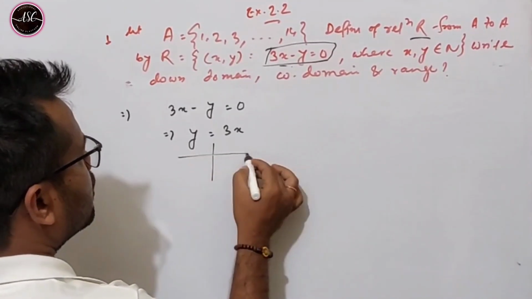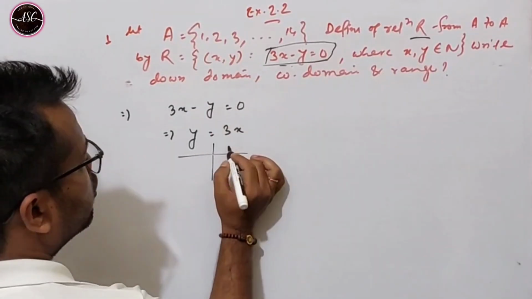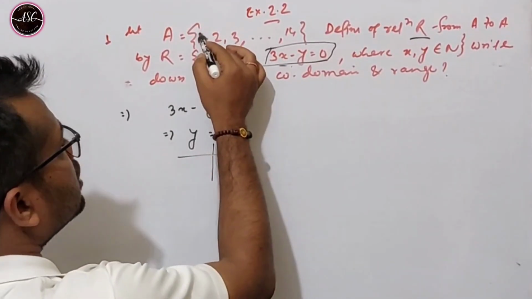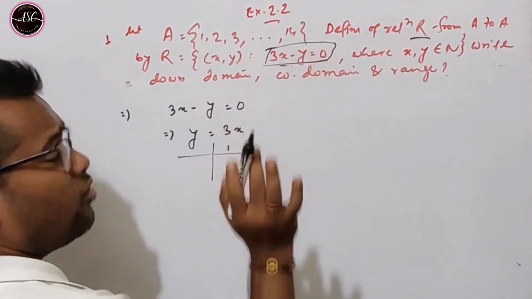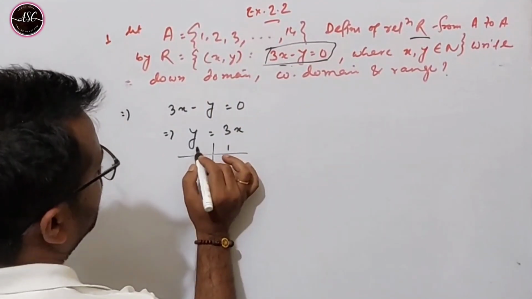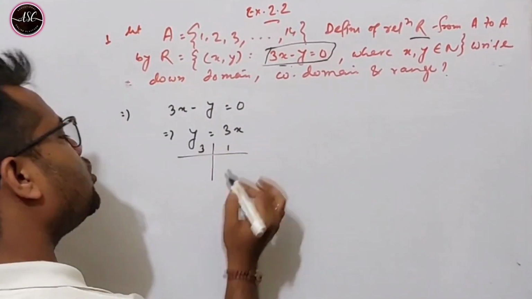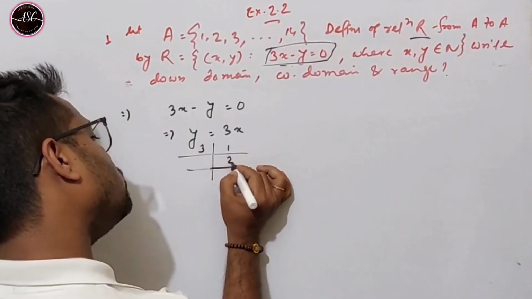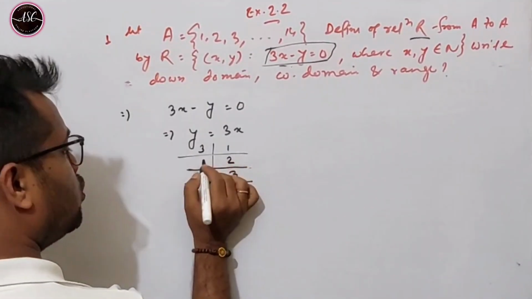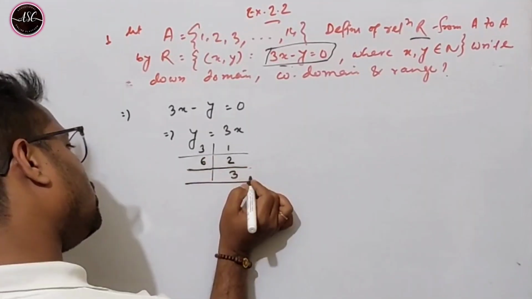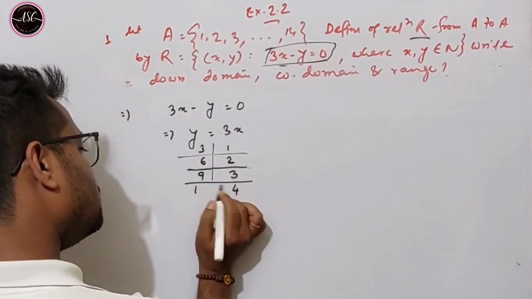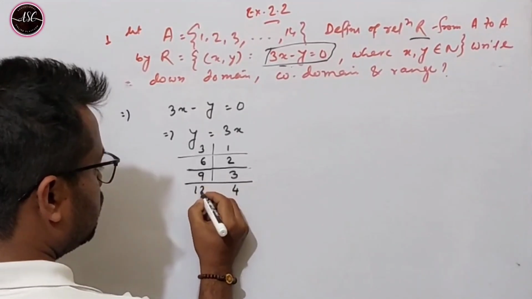If we put x equal to 1, because it is from 1 to 14, then y equal to 3. If x equal to 2, y equal to 6, x equal to 3, y equal to 9, x equal to 4, y equal to 12.